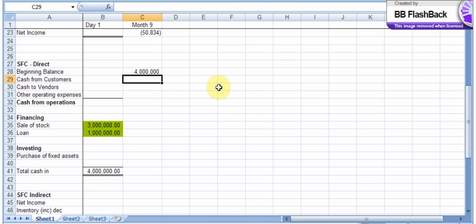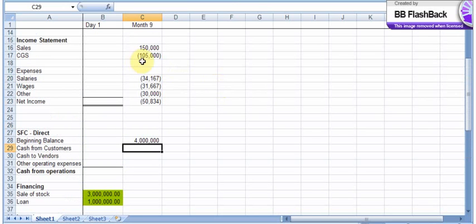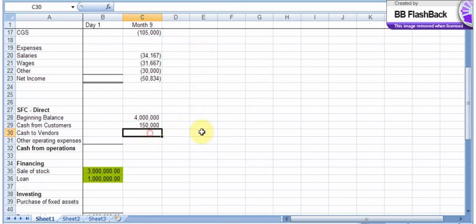The next line is cash from customers. This is part of our inflow. If you remember, we sold shoes to Macy's, $150,000 worth of shoes that we see here in the income statement, and we collected it almost immediately, so that was our cash from customers. So we need to link this to that, and that's our cash from customers.